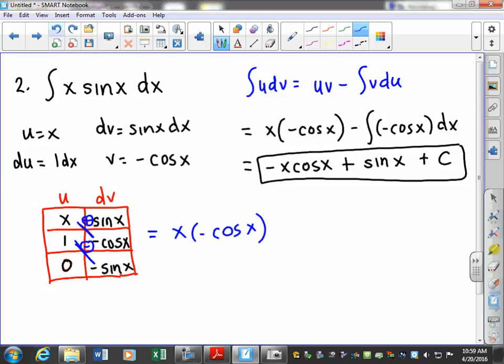So what happens when you get 1 times the negative sine of x, but I have that negative there? Positive. You can write that out if you need to. So plus sine of x. And then we have plus a constant. Now if we wanted to just pull that negative out front, you can see that this checks out.